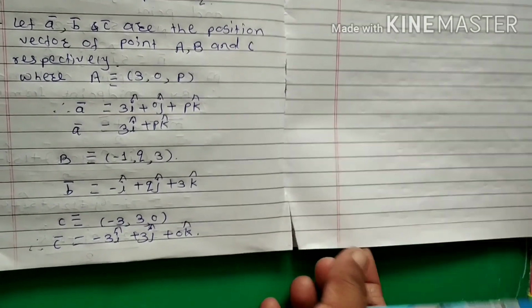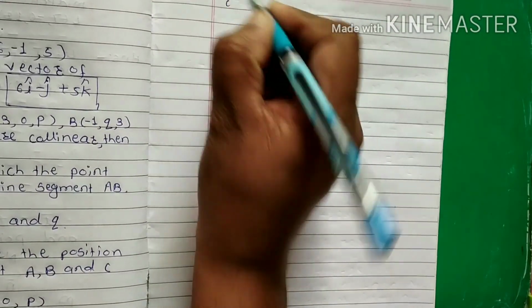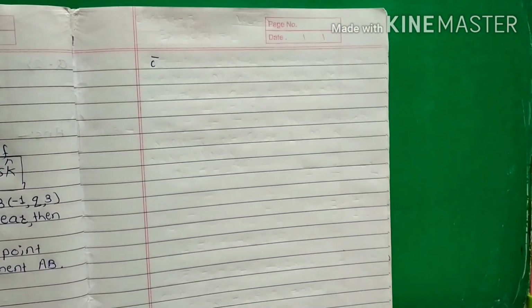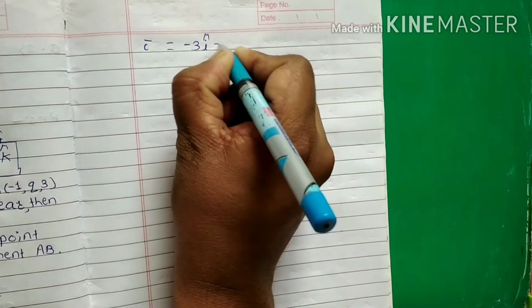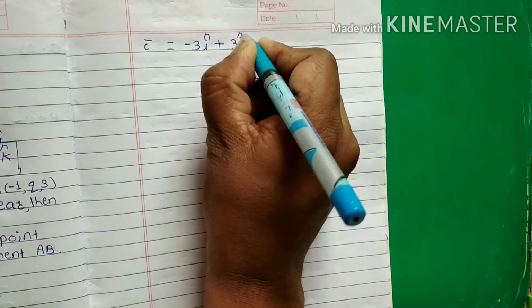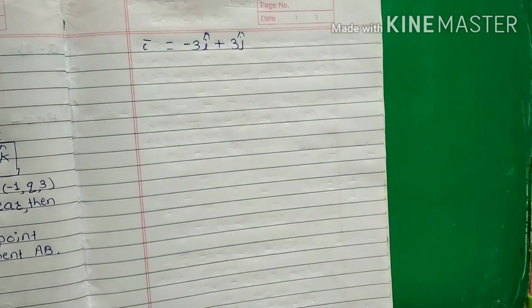Then we write minus 3 i cap plus 3 j cap. Therefore C bar is equal to minus 3 i cap plus 3 j cap. We get the values of 3 i cap and 3 j cap.